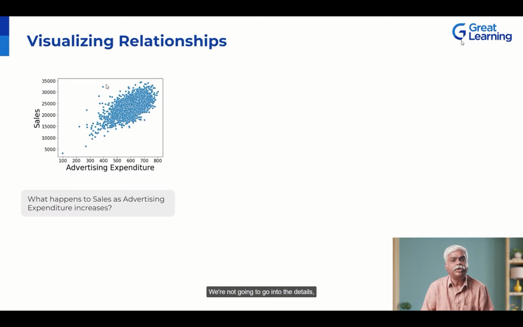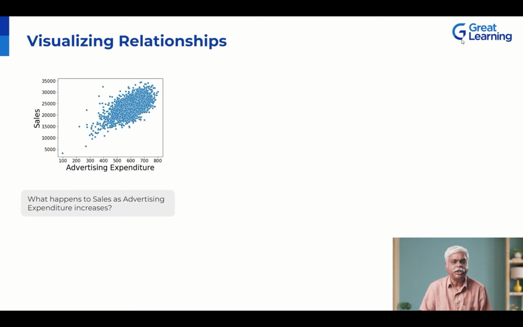We're not going to go into the details, but the point could represent a particular region. The point could represent a particular point in time, let's say a week. A point could represent a particular channel, a particular retailer that we're using. It could represent a business unit. Any way in which I am slicing or dicing my advertising and sales.